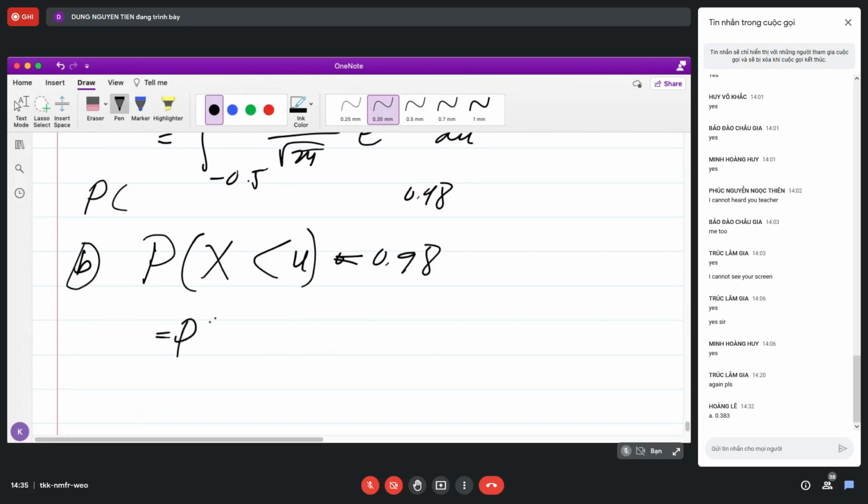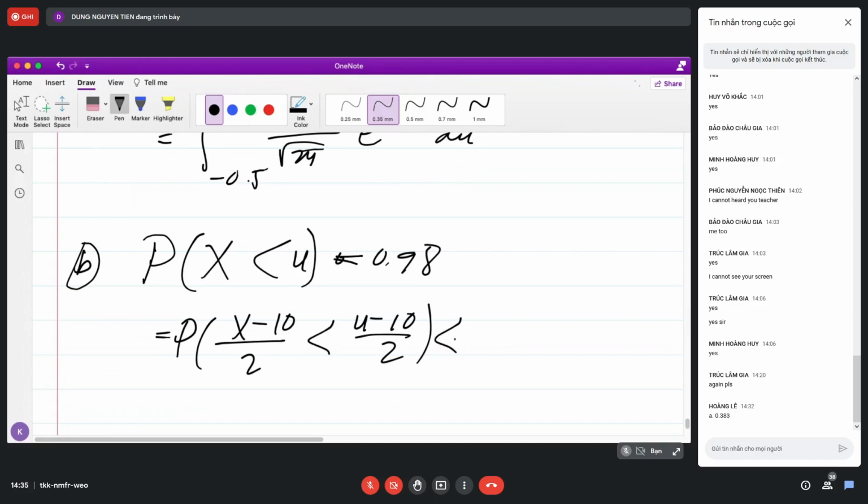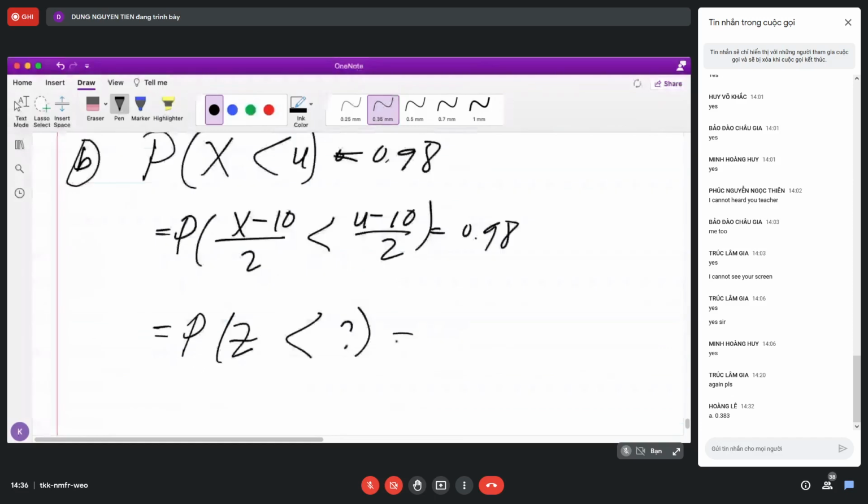Then I get the probability that (X minus 10) over 2 is less than (u minus 10) over 2. And this is the probability that Z is less than a number. It should be 0.98. And then you can use the table for that, the statistical table.